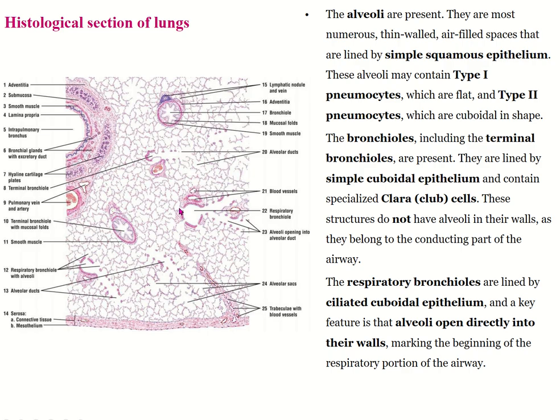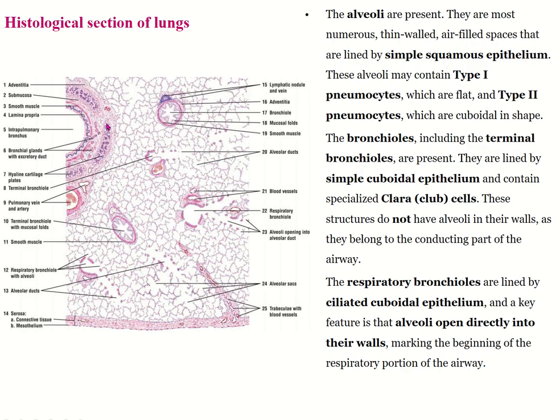And you also see the respiratory bronchiole. Its muscle layer is discontinuous and its wall contains alveoli. So gaseous exchange starts here. This is alveolar duct and this is alveoli.